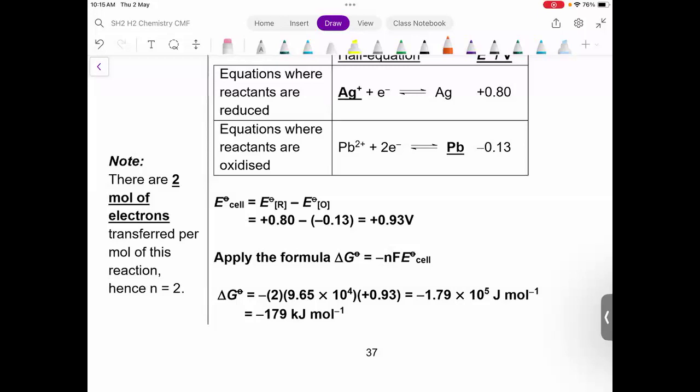Yes. We use this equation rather than this one. Because notice that your Ti appears on both sides of the half equations. There's one half equation whereby Ti is on the left side, and this one is also on the left side. When both are on the left side, we consider them as undergoing the reduction process.